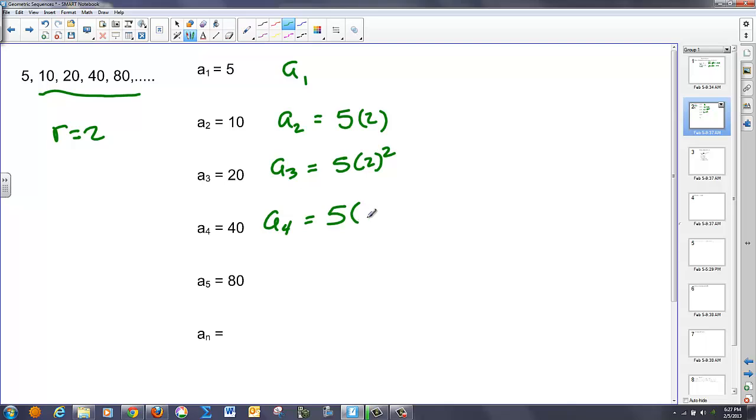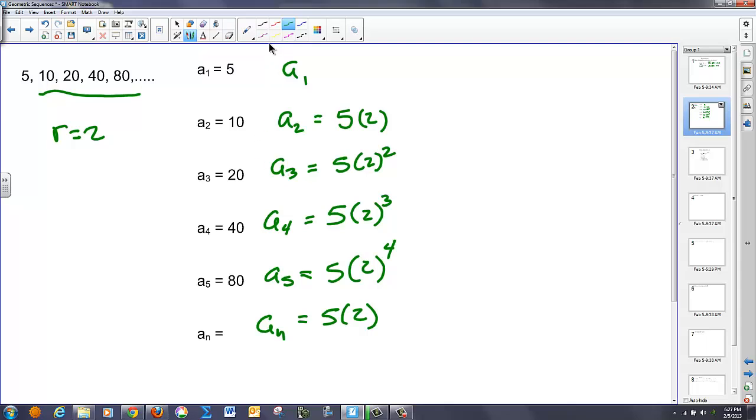So I'm raising it to another power, so 2 to the third. My fifth term, I take that first term and I multiply by the common ratio once again, thus going to the fourth power. So if I want my nth term, I take my first term and I must raise 2 to a specific power.